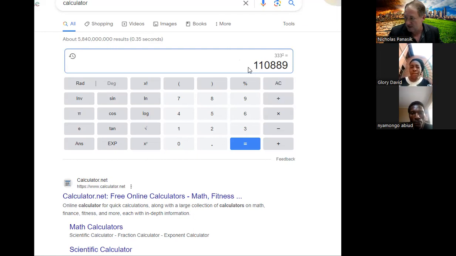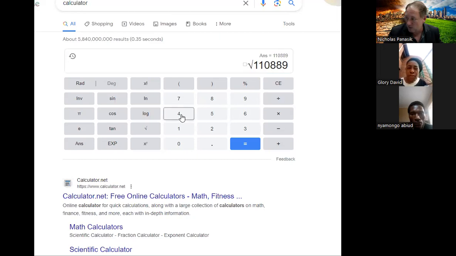So let's just start with this number here. If you want to take the fourth root of it, you'd go to inverse, and then you pick this little thing over here, where you see how it's got the root symbol, but now there's this little box there, right? And so we'd put in 4 for the fourth root of that, and then hit the equal sign, and it'll give us a number.